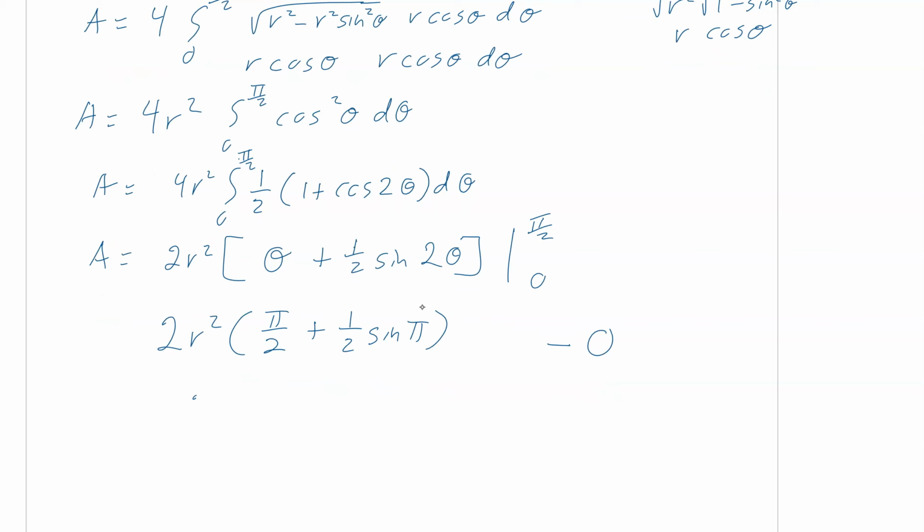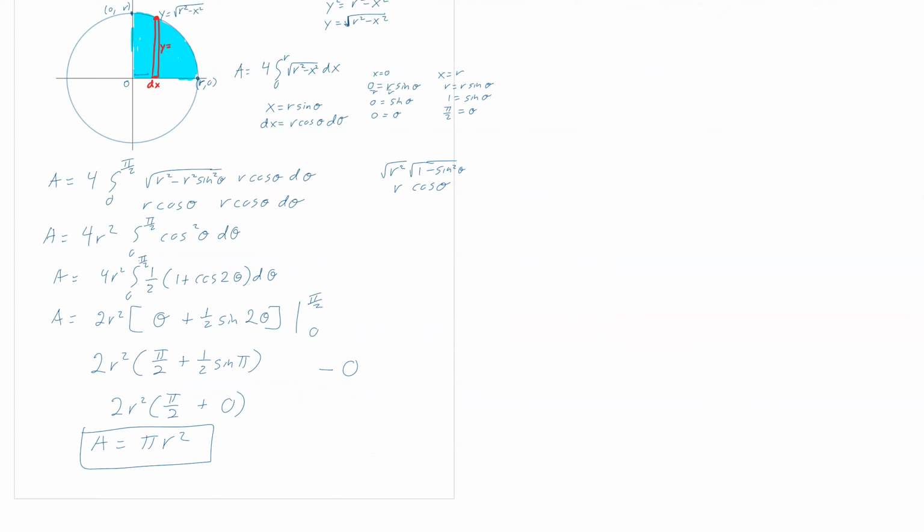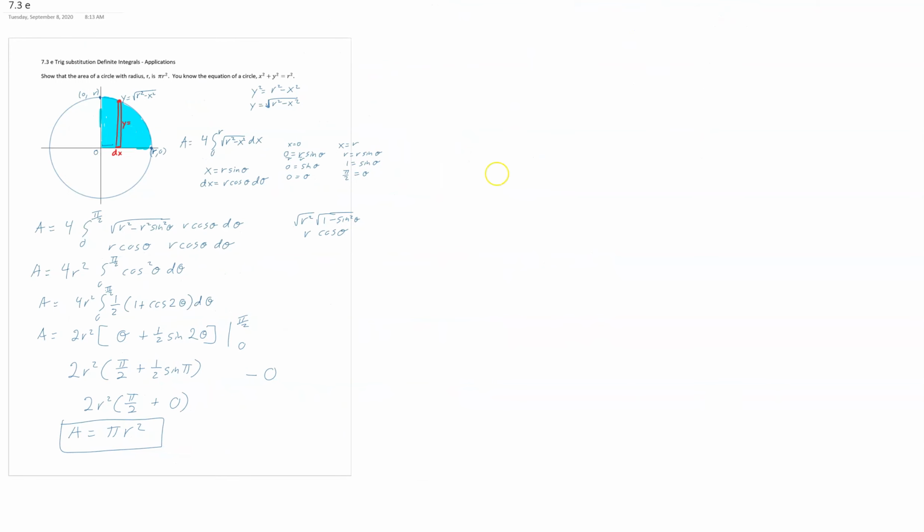So this would become 2r squared times pi over 2 plus 0, which the 2's cancel and you end up with pi r squared. So there is the area of our circle. We knew that the equation of a circle is x squared plus y squared equals r squared based on the radius, and we used it with trig substitution to find the area.